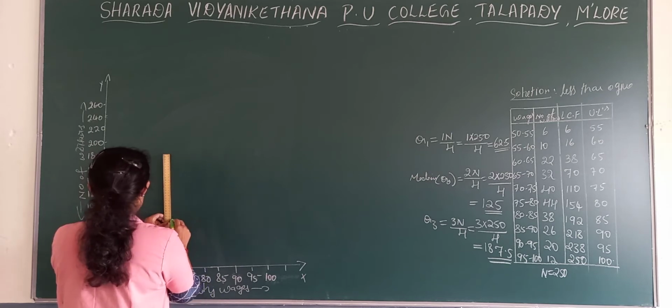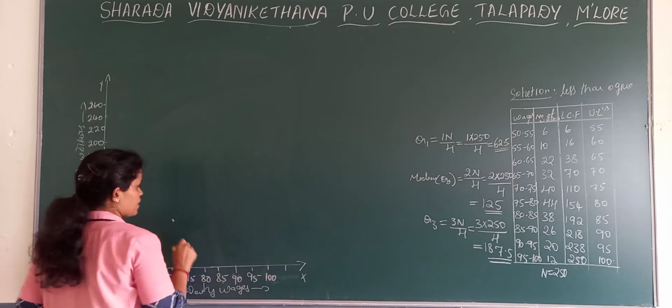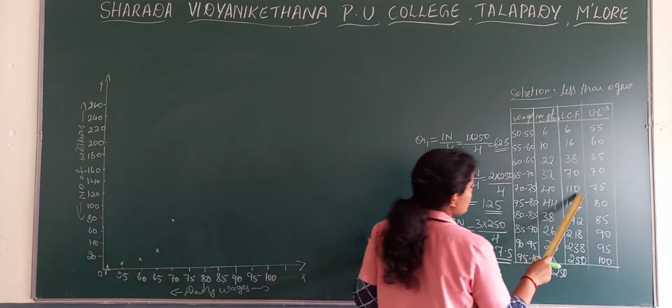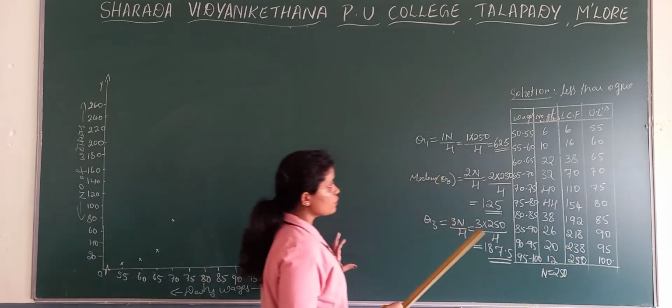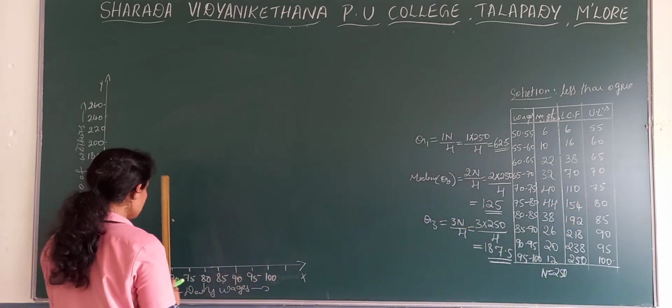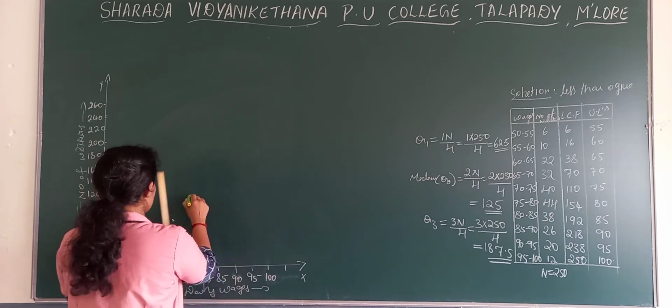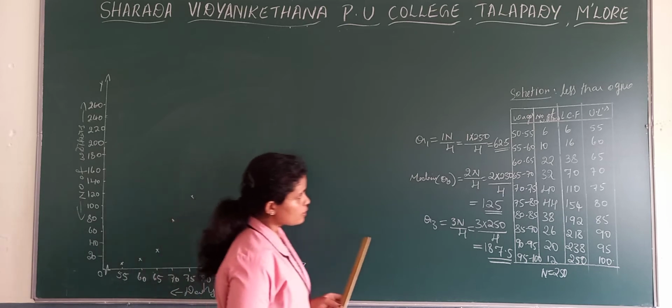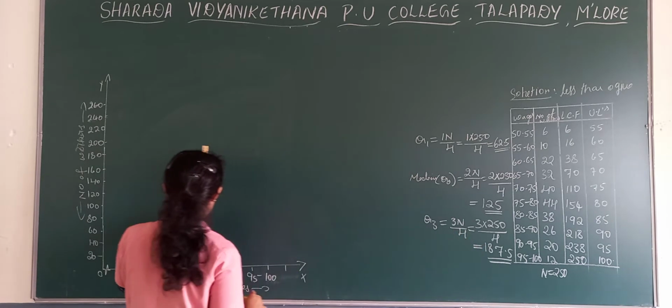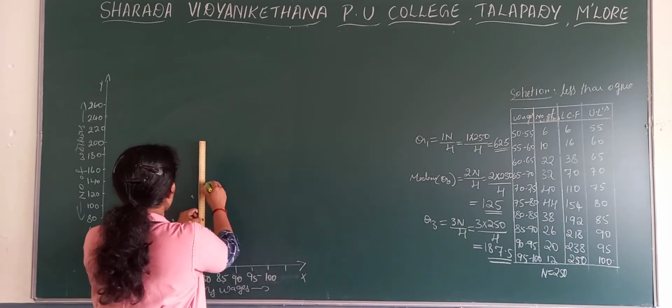In the place of 70 we get 70 there. Then 75, 110. Then 80, 154.